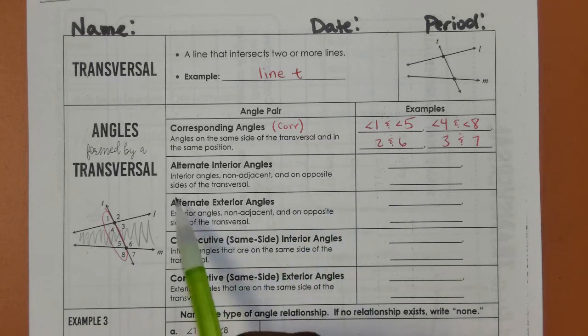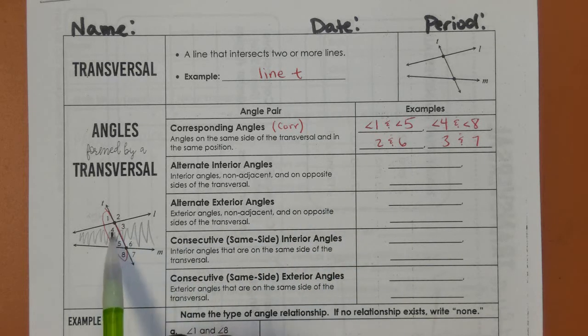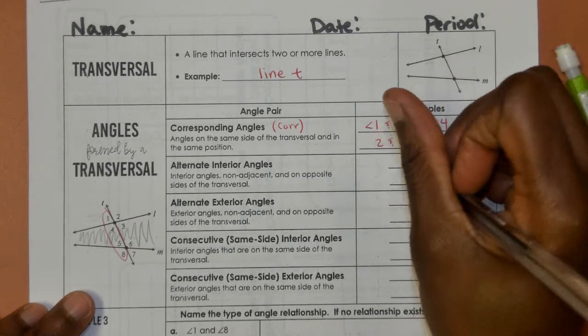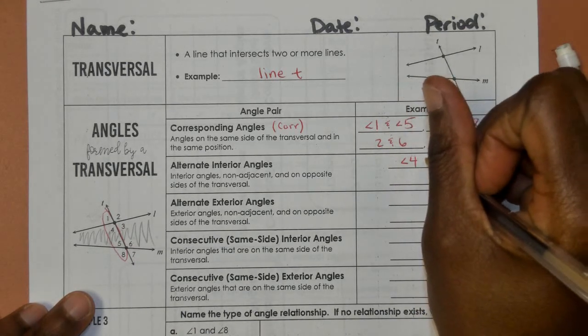And they're on opposite sides of the transversal. Since 4 is on the left of the transversal, I need to find an angle that's on the right side of the transversal, but it's not next to angle 4. So I wouldn't pick 3 because that's next to angle 4, but 6 will work because it's on opposite sides of the transversal and they're not next to each other. So 4 and 6 would be an alternate interior angle pair.